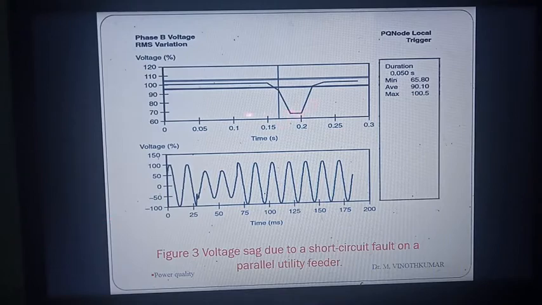Here there will be a 65% voltage sag, lasting from 0.16 to 0.2 seconds. The duration of the sag is about 0.050 seconds, and the time axis is in milliseconds, from 0 to 175. The first 175 milliseconds of voltage variation are shown here.